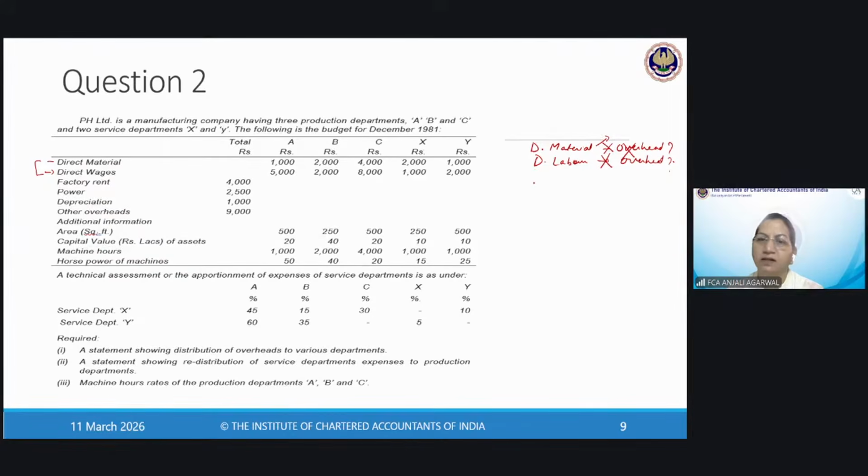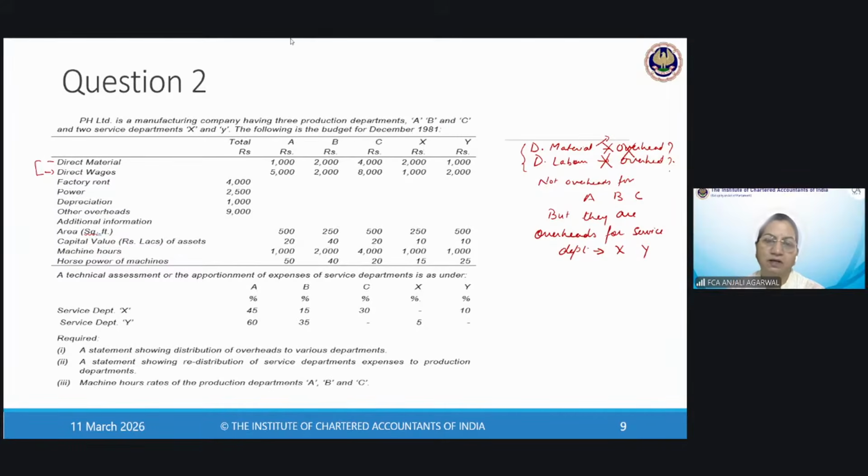But these two expenses are not overheads for A, B, C, but they are overheads for service department X and Y. Direct material for service department X. Let's say X is maintenance.